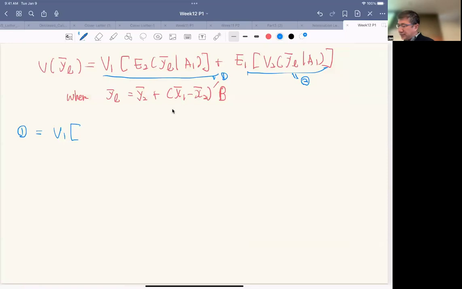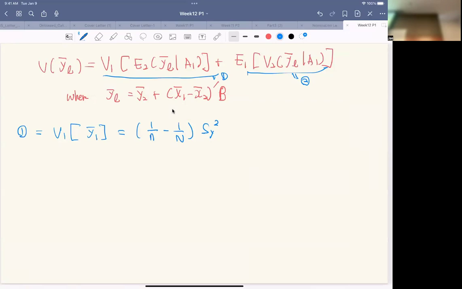What's inside is y bar 1. If you take the expectation with respect to the second phase, then you get this.